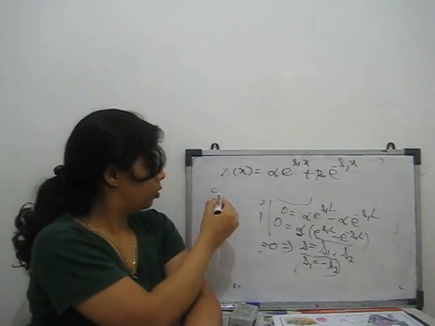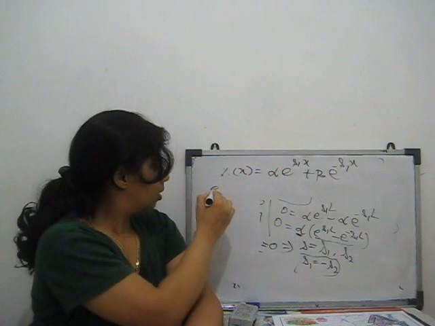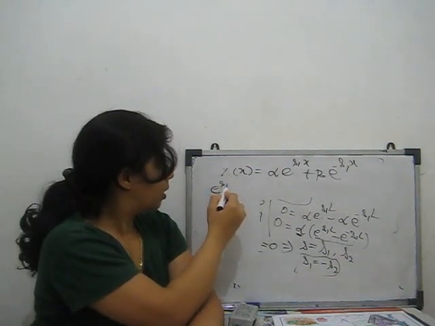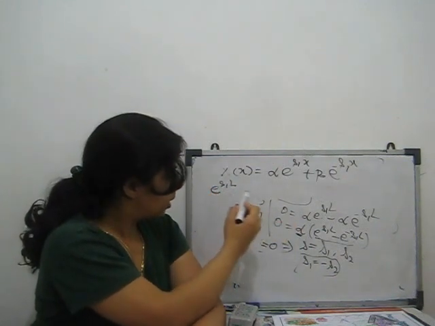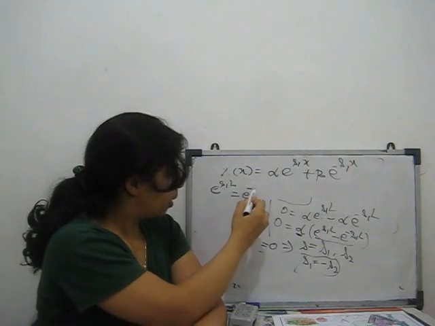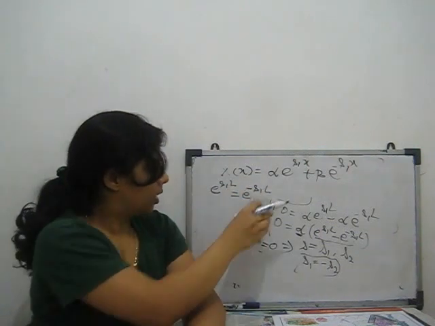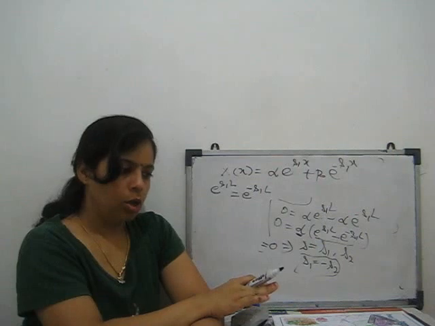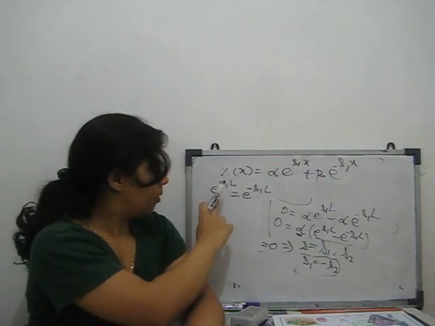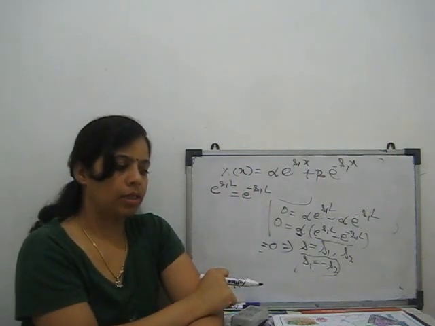So this gives e to the power s1L equal to e to the power minus s1L.